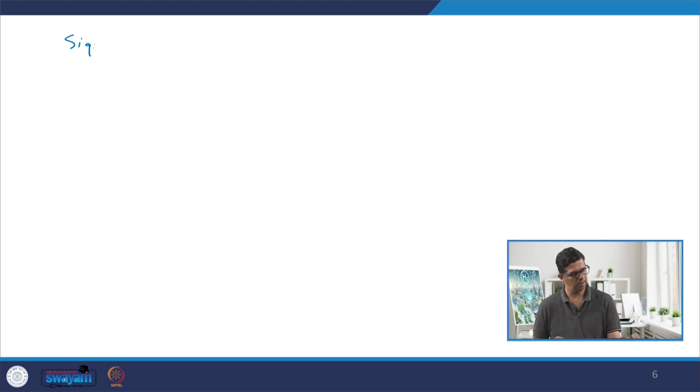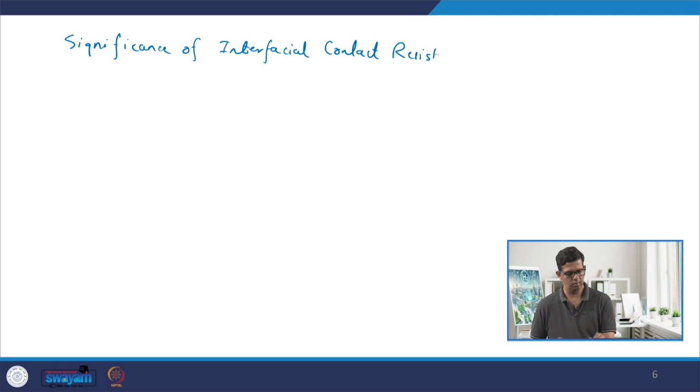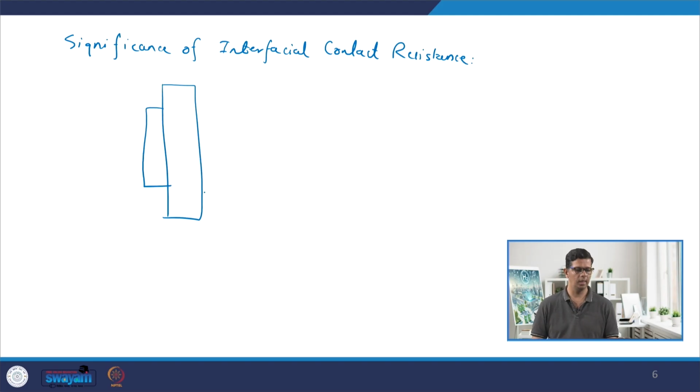So, let us say the significance of interfacial contact resistance. Why are we so very concerned about it? What happens is, let me only take one side, that is, the hydrogen side.